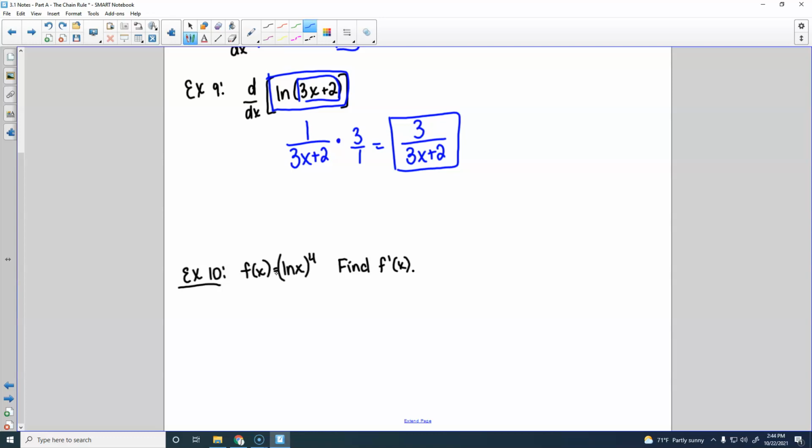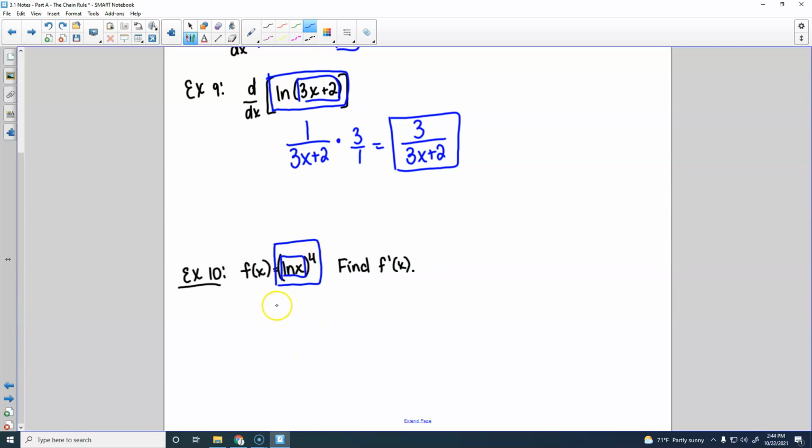All right, so look at 10. This time, what is our outside? Fourth power. And then the inside is our natural log of x.